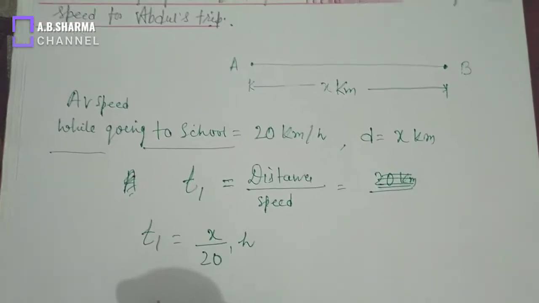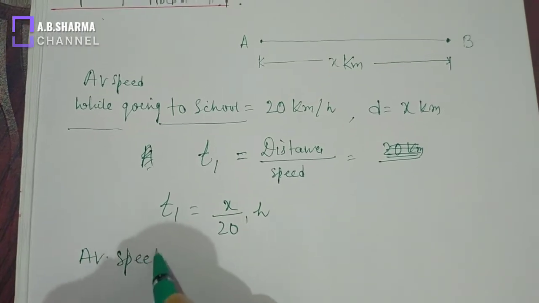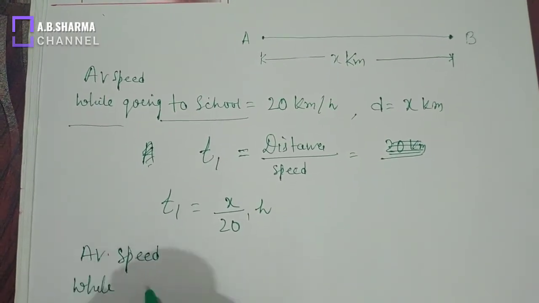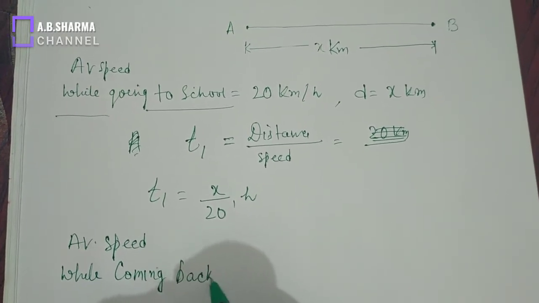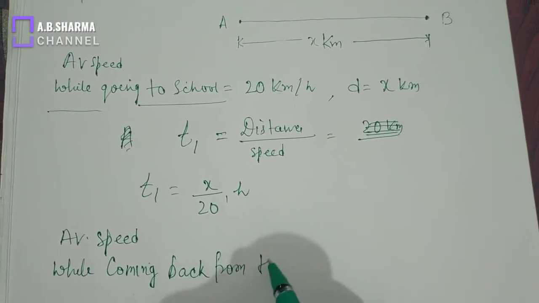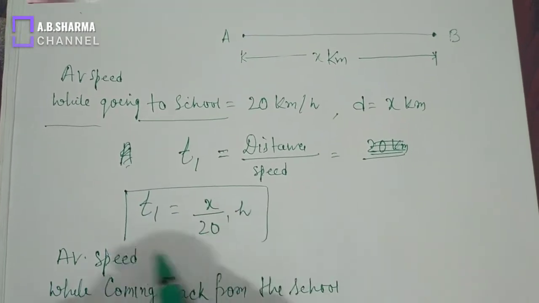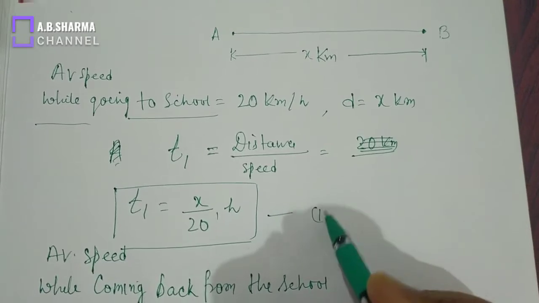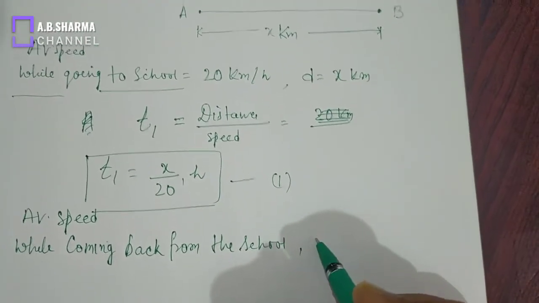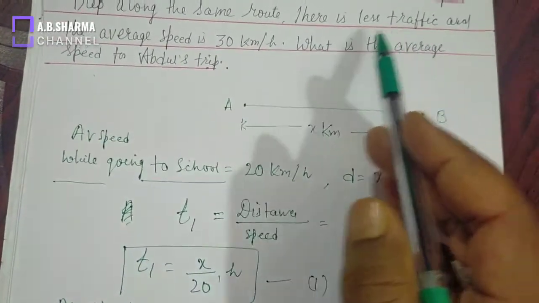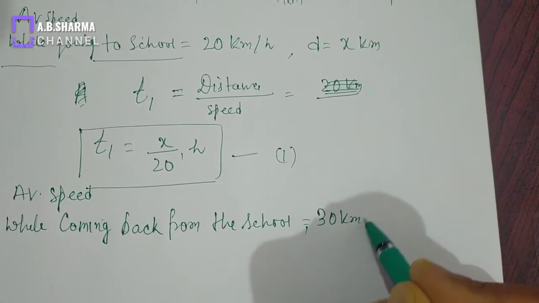Let this be equation 1, t1. Now, the average speed while coming back from the school was, see the question, 30 km per hour.